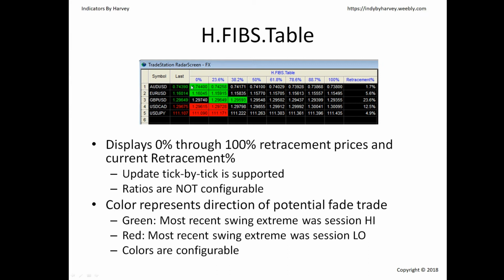The coloration is configurable, and they represent the swing direction should you be using any of these levels as a trade entry. Green means you would be fading a 23.6 long. Red means you would be fading a 23.6 short.